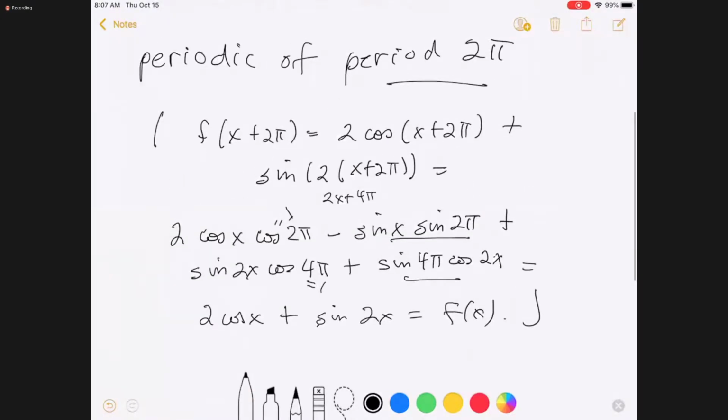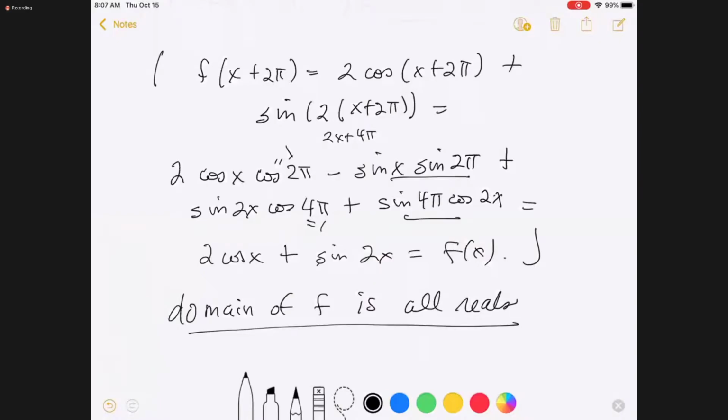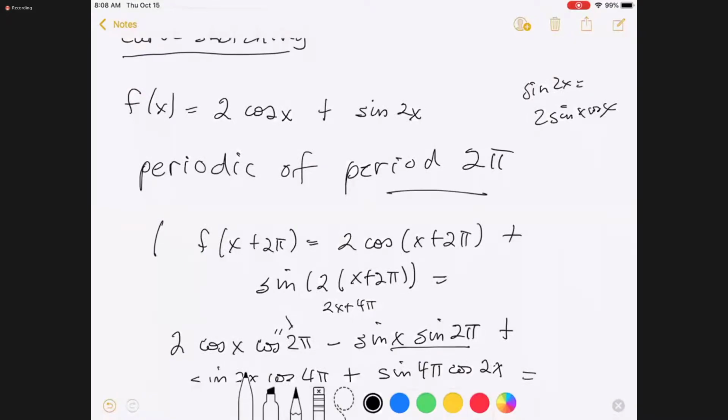Okay, and also the domain of this function is all the reals. Okay, because the sine is defined for all reals and the cosine is defined for all reals. In fact, this function is continuous over all the reals.